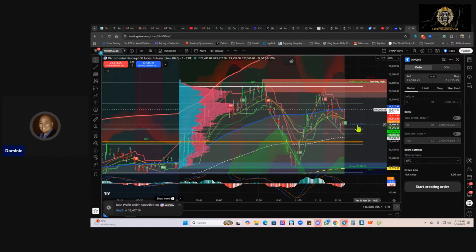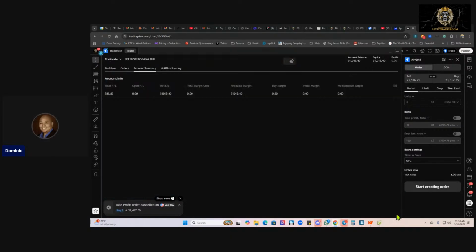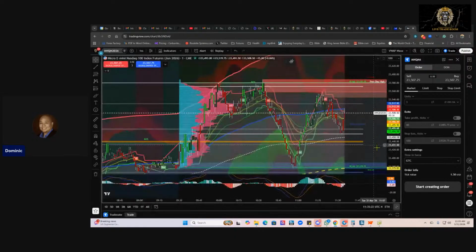So I just took that. So here, should we have that? There it is on that 583. Bounce off that value area low right there.